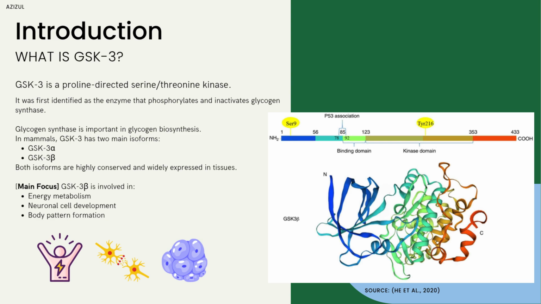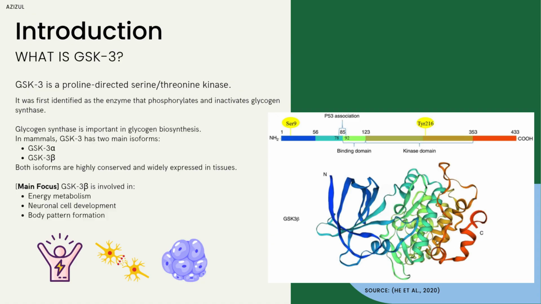So what is GSK-3? GSK-3, or glycogen synthase kinase 3, is a proline-directed serine threonine kinase that was initially identified as the enzyme responsible for phosphorylating and inactivating glycogen synthase, the key enzyme in glycogen biosynthesis.